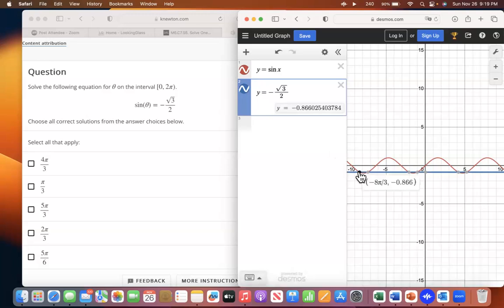Am I just looking for ones that I can find on here? Yeah, that's the nice way of doing it.